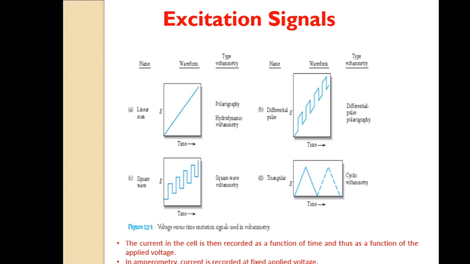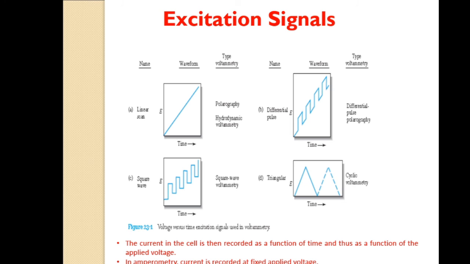We are seeing four different types of signal here: the first is linear scan, the second is differential pulse, the third is square wave pulse, and the fourth is triangular pulse. The excitation signal is the relationship between potential and time, as the current in the cell is recorded as a function of time and thus as a function of the applied voltage.